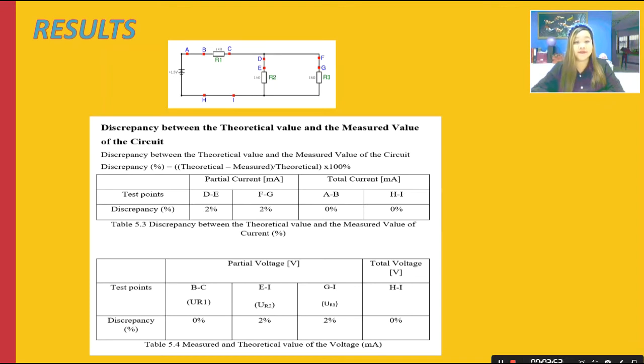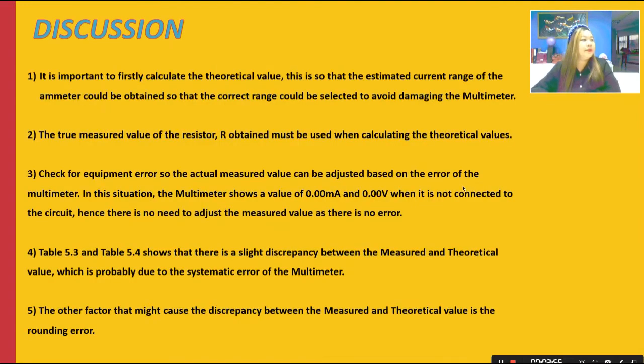Okay, right, so let's go into our discussion. First of all, it is important to calculate the theoretical value first. This is so that the estimated current range of the ammeter can be obtained, so that the correct range can be selected to avoid damaging the multimeter. Or sometimes if you select a range that's too high, you are not able to read it. So you have to make sure that you select the range properly.